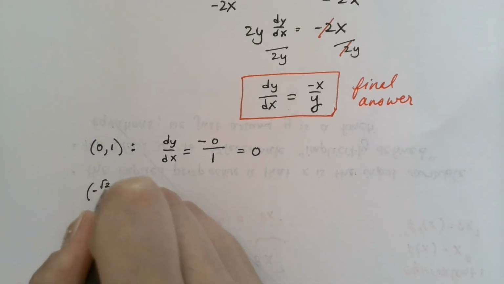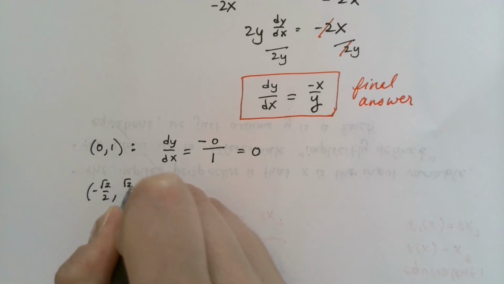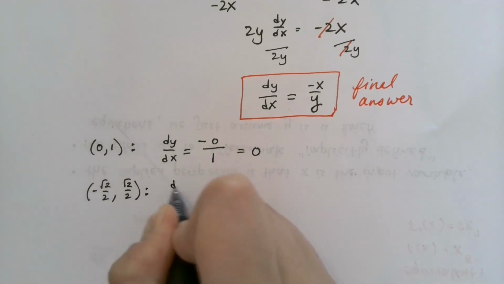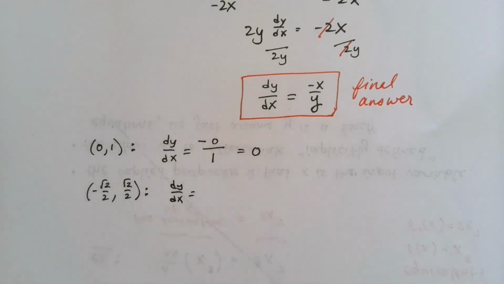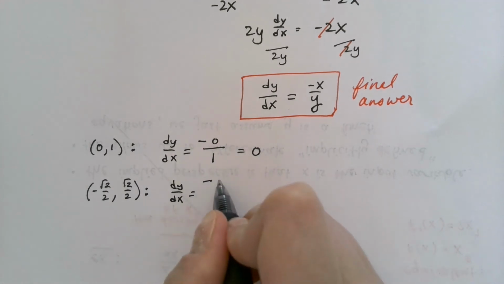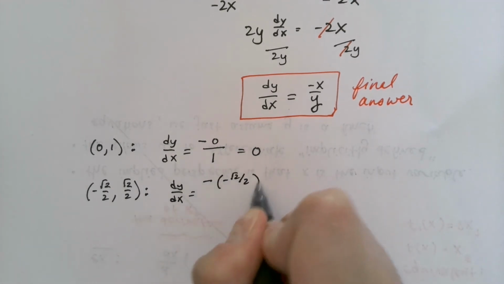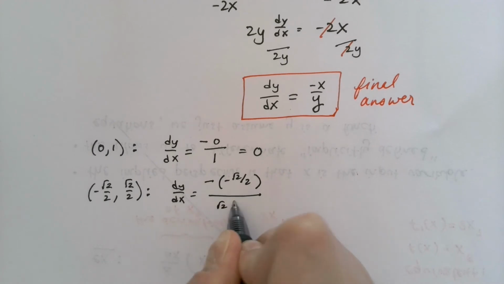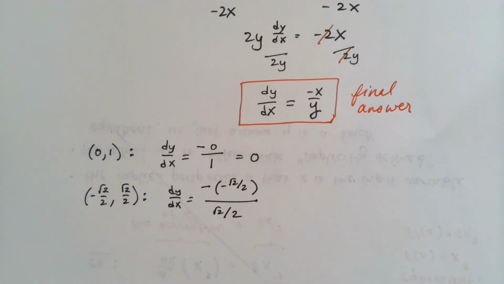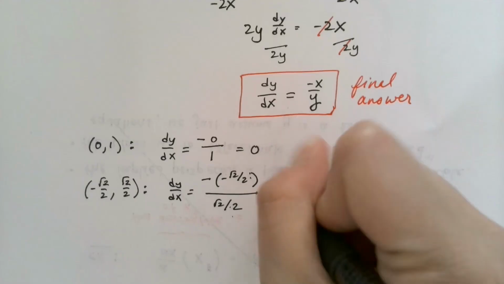So if I'm at (negative root 2 over 2, root 2 over 2), my dy/dx would equal negative x over y. And this looks really busy, but notice that on top, these minus signs cancel to a positive, and then I have the exact same thing on the top and bottom.